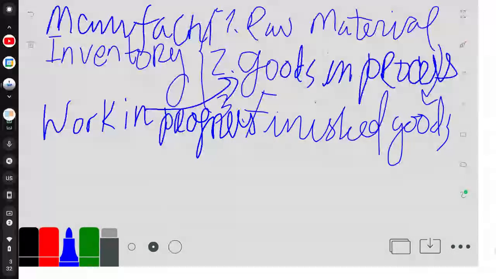I mean, you had to buy raw material. So you use the company's assets, the company's capital, right? The company's liquid assets, or current assets, to acquire raw material.